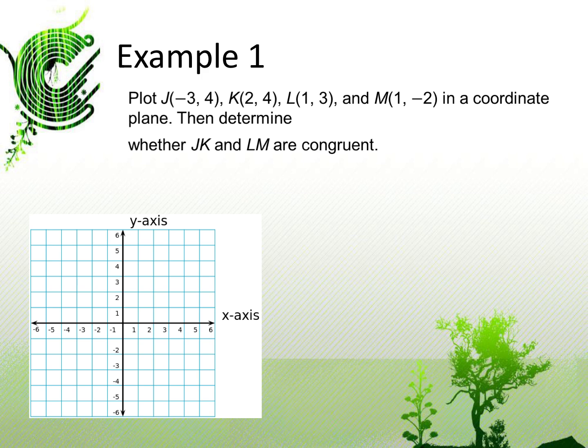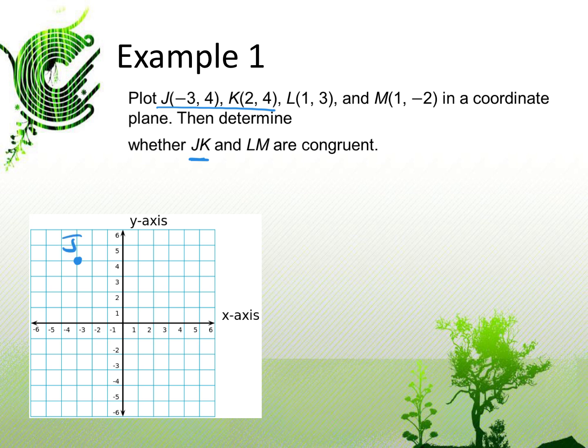Now what they want me to check is JK, so I'm going to plot these 2 points, and then I'm going to connect them, and I'm going to get the length of that segment. So the ordered pair J, -3, 4. Remember, the first number in your ordered pair is your X, the second is Y. So the first one tells you how you move left or right, and then the second one up or down. So for J, I'm going to go over to the left to -3, and then up to 4.